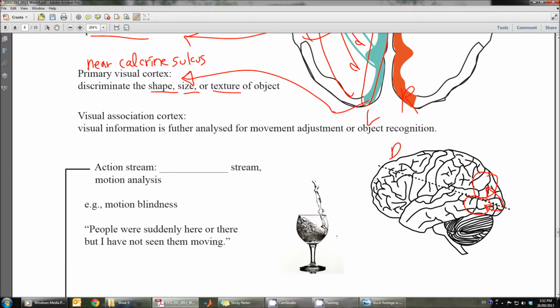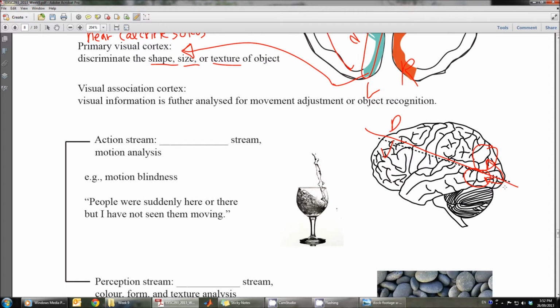Remember, this is the dorsal and that's the ventral for this axis, because of the cervical flexure of the nervous system for the fetus. So this is the dorsal stream, and that's the ventral stream.